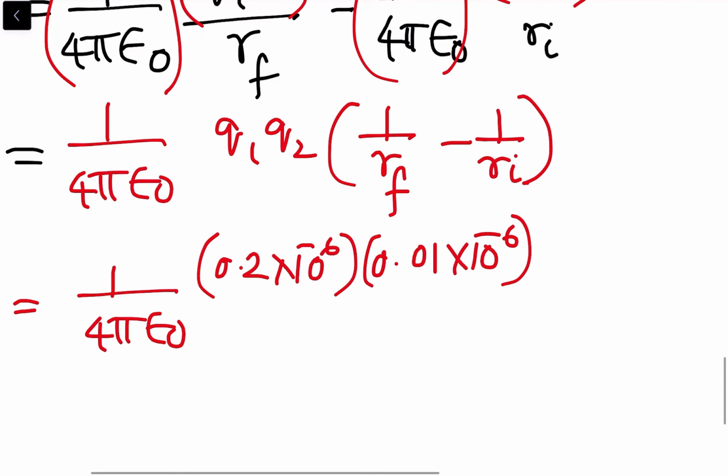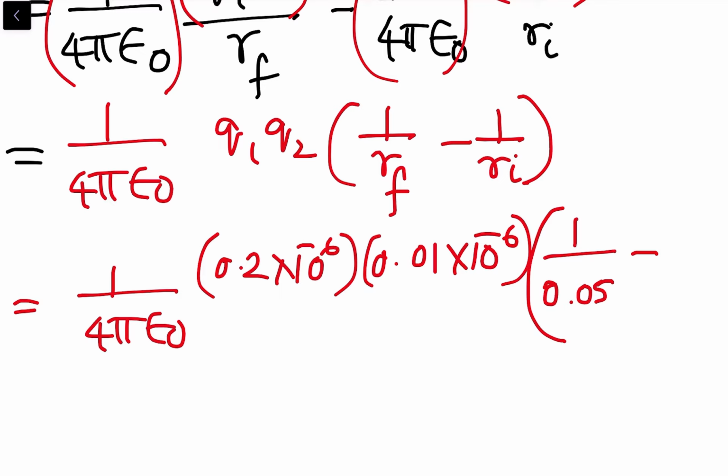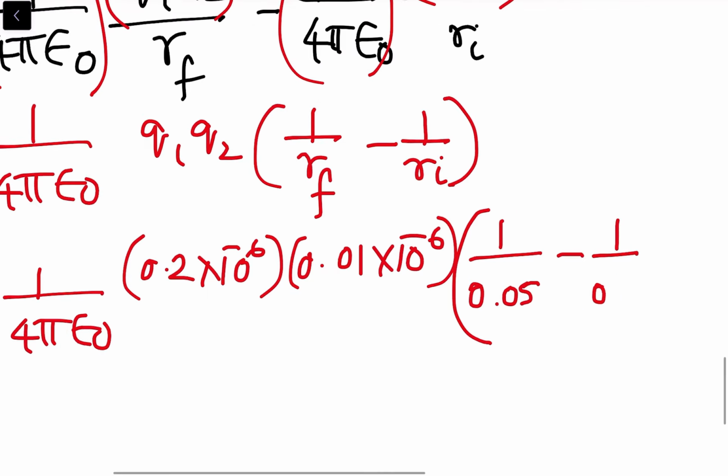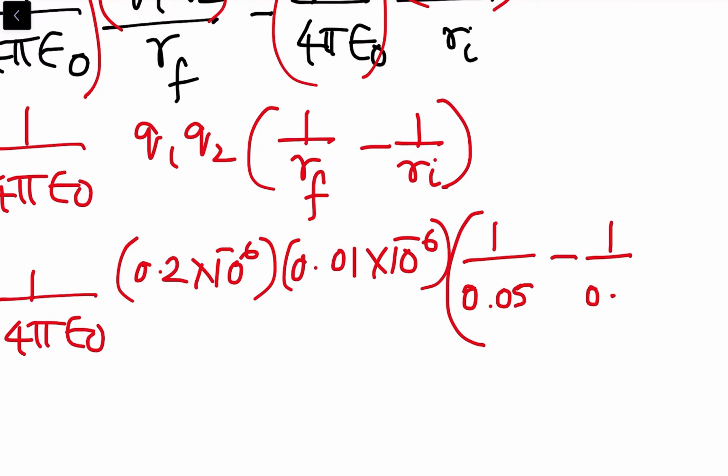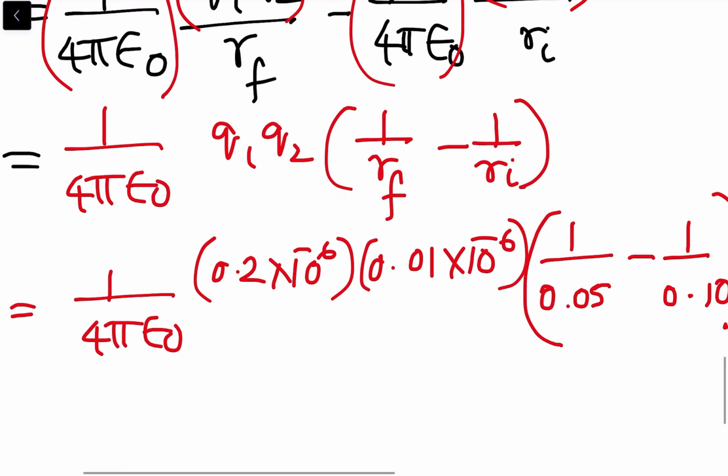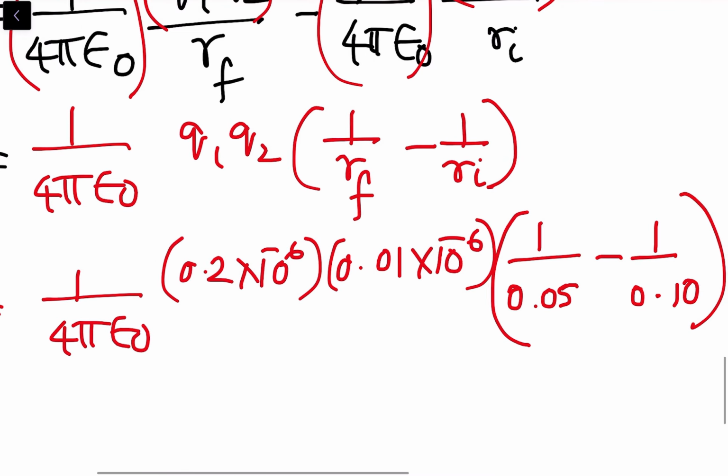The next thing is we have to take 1 by rf, that is 1 by 5 centimeters. When you convert it into meters, 5 centimeters is equal to 5 into 10 to the power of minus 2 meters, so you will get 1 by 0.05. Similarly 10 centimeters is 0.10 meters. So these are all the values substituted.